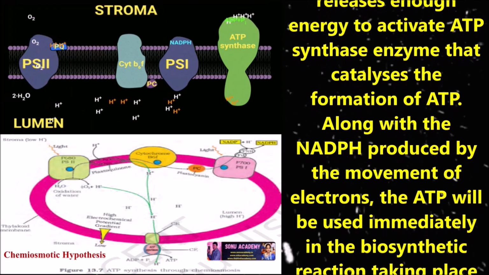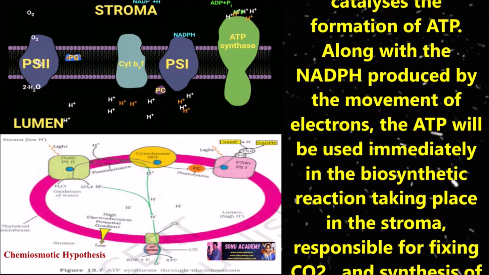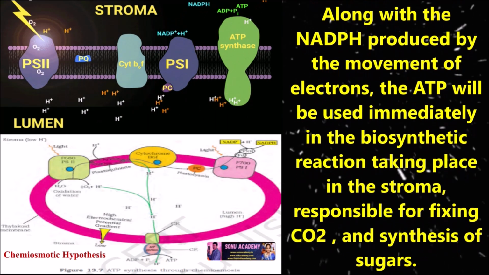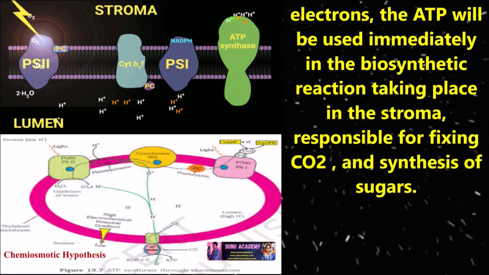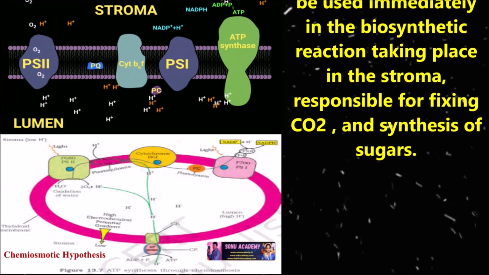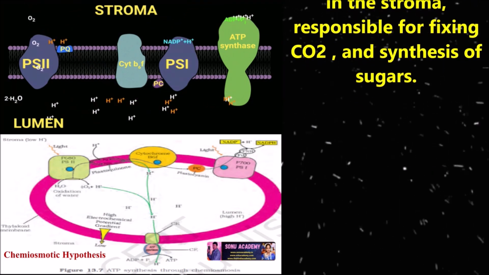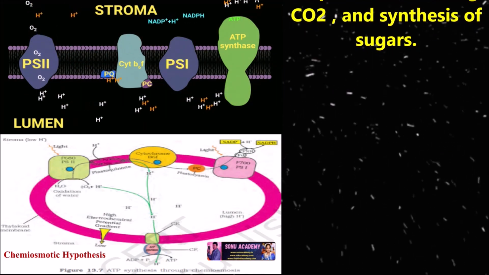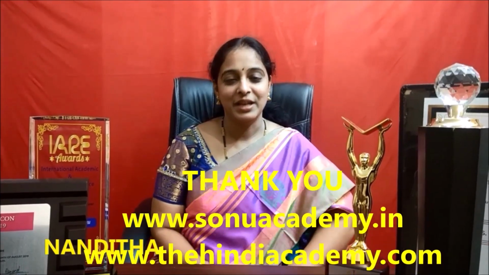This releases enough energy to activate the ATP synthase enzyme that catalyzes the formation of ATP, along with NADPH produced by the movement of electrons. The ATP will be used immediately in the biosynthetic reactions that take place in the stroma, responsible for fixing CO2 and synthesis of sugars. Thank you.